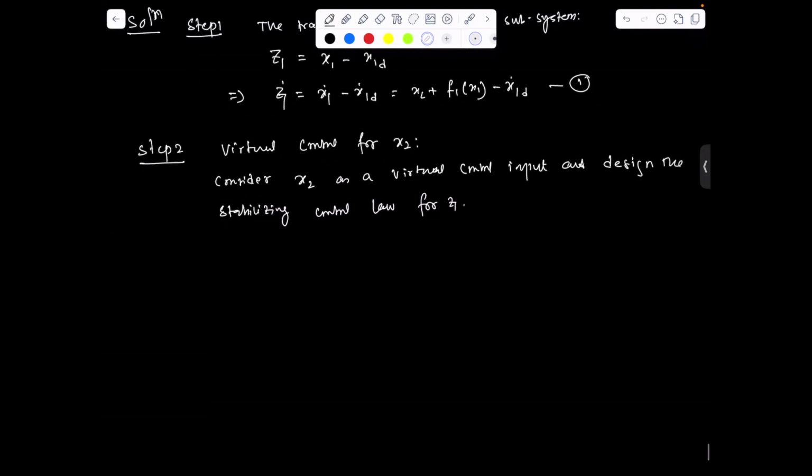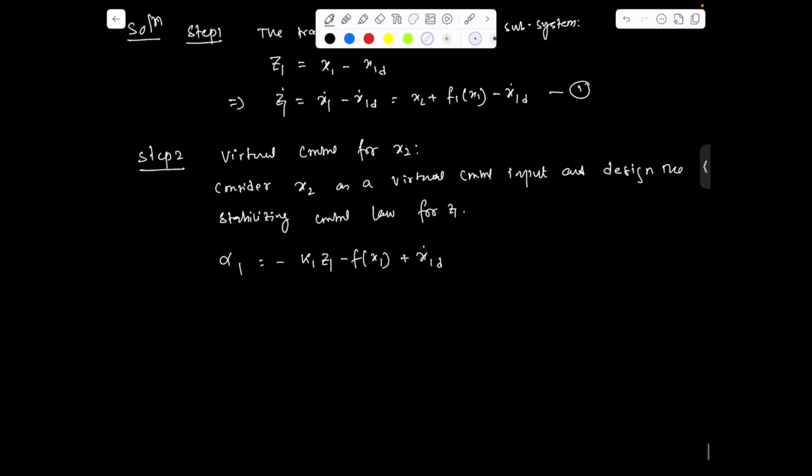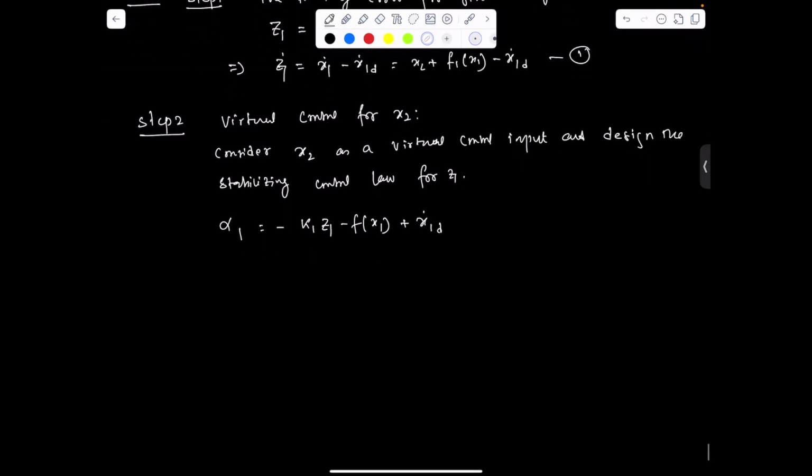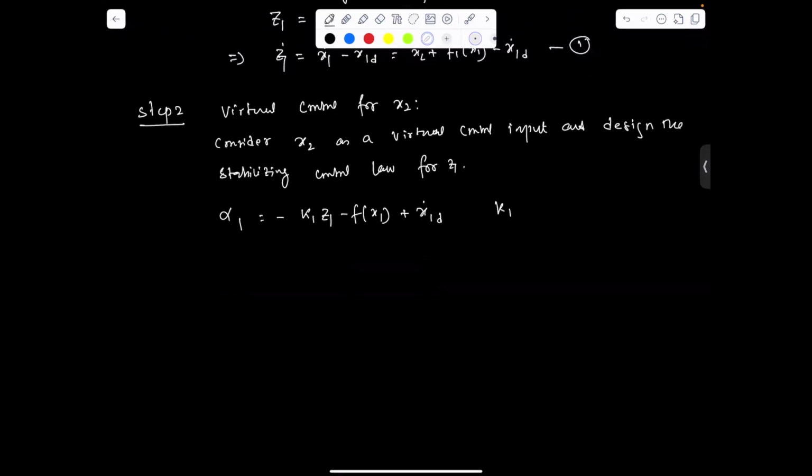So for this, let us choose alpha 1 to be the virtual control input for G1. This is how we are choosing it, and this is X1D dot. Here K1 is the control gain parameter, which is a positive control gain.